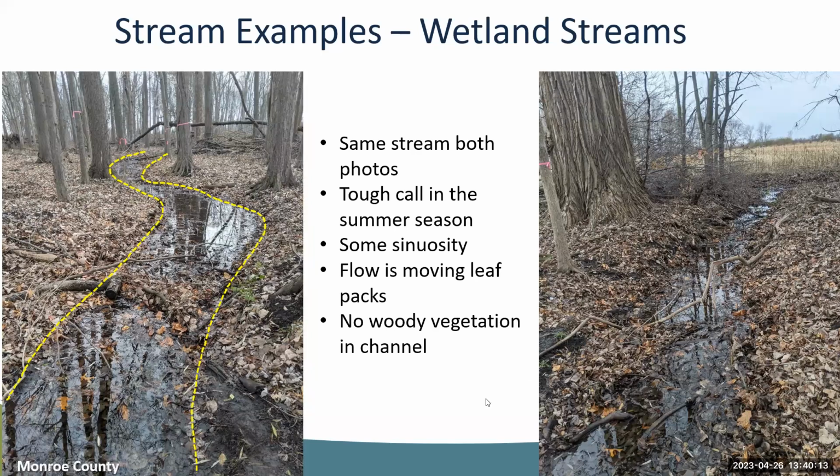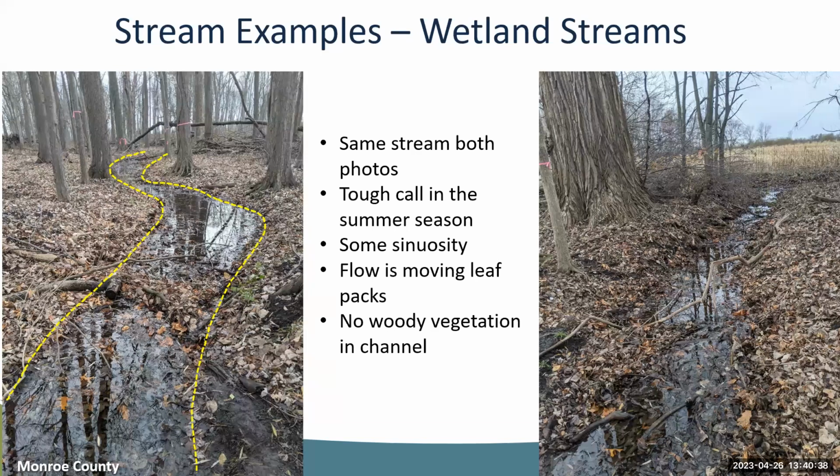So I have a few examples of some more wetland type streams. Both of these photos are from the same stream. This would be a very difficult call in the summer. There's likely not water here in the summer months, so what you're going to observe is a depression that doesn't have water in it.